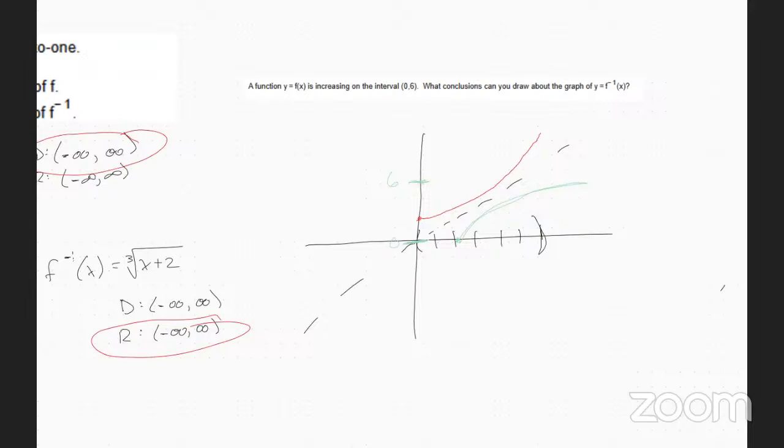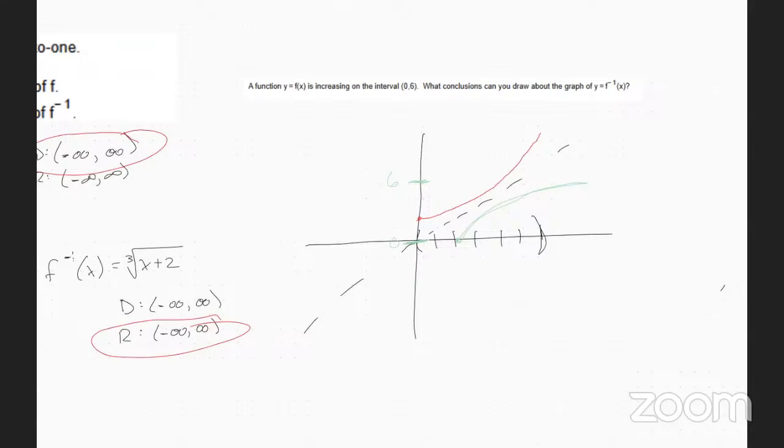Well, let's see, what else can you say? If it's increasing from 0 to 6, I guess what you can conclude about the graph is that it's a function. Not meaning it doesn't exist as a function. Sometimes if you had a parabola, did I lose you?